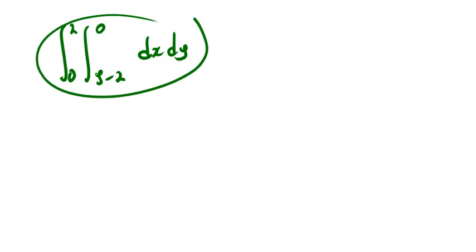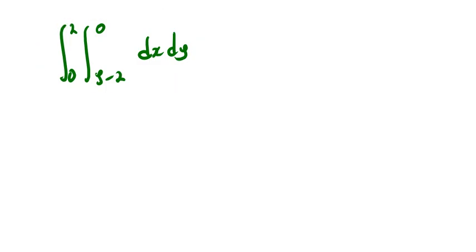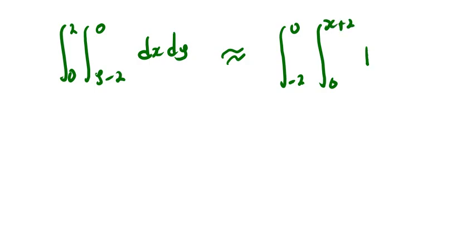Try to sketch the region of integration for this one and reverse the order of integration, and check out what you're going to get. As you work it out, the answer that I assume you're going to get is most likely minus 2 to 0, then 0 to x plus 2, meaning this is dy dx.